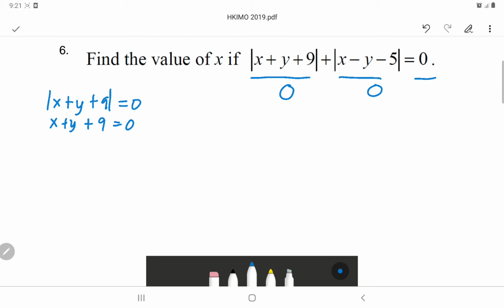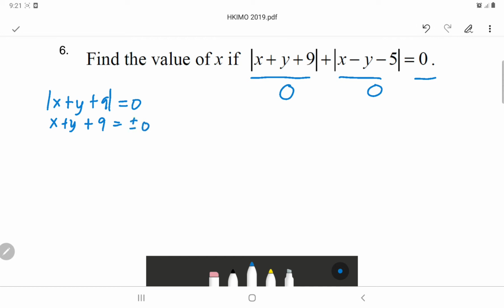So by the way, when you're taking out the absolute value, there would be positive, negative 0 here.